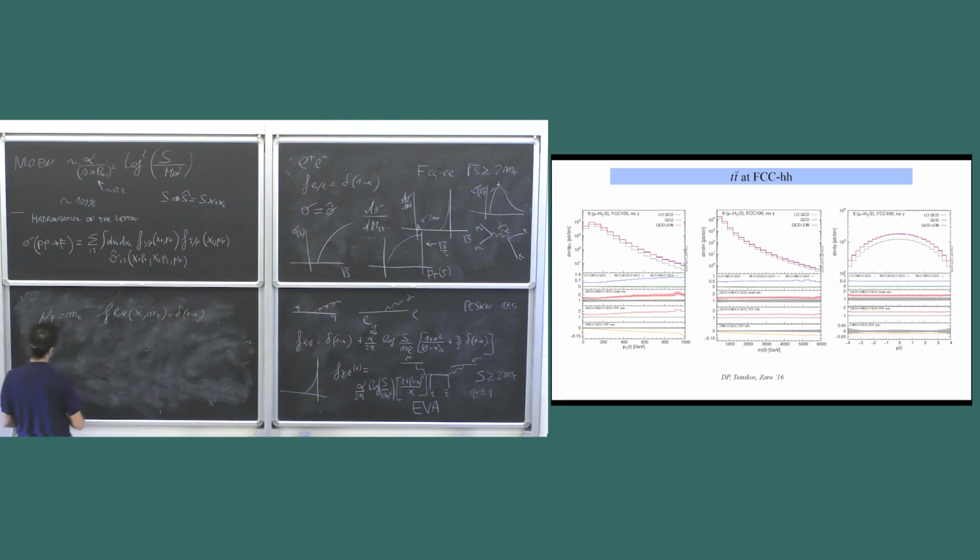And you get, this is the leading log, the most simple version, something like an exponential: gamma e, 1 plus beta, 1 minus x to the beta minus 1, with beta equal to alpha over pi log of mu f over m_e squared.